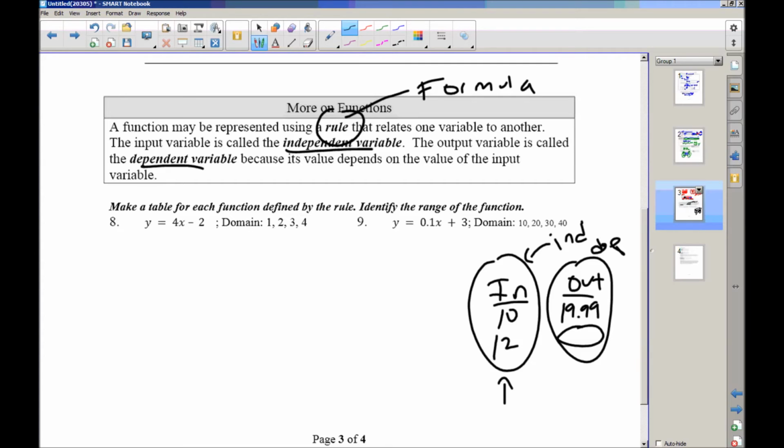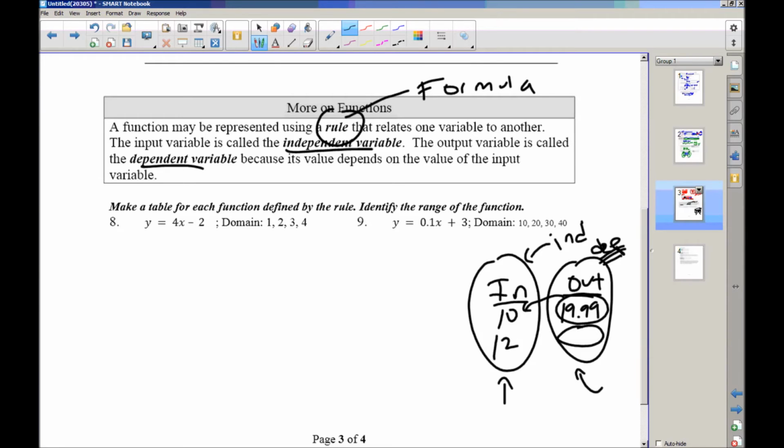It's independent. I can choose. But once I've pumped, when I go inside, they charge based upon, these outputs depend upon how much I pumped. So I pay my output depending upon what I pumped for my input. So my output is dependent upon the inputs that were picked.